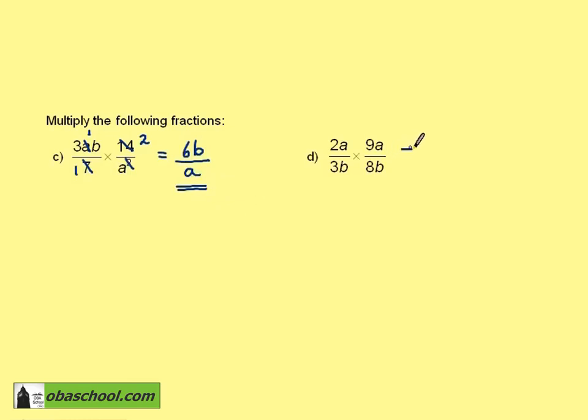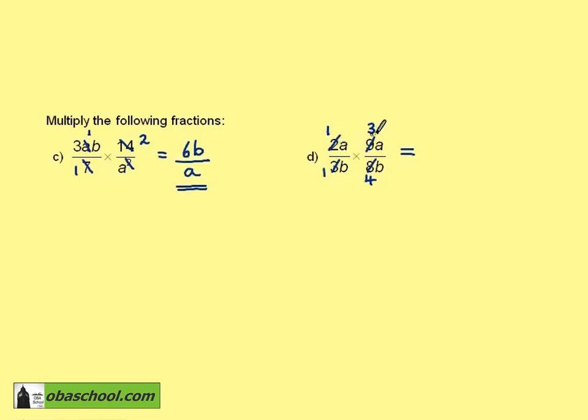Now consider 2a over 3b times 9a over 8b. 2 goes into 2 once and into 8 4 times. 3 goes into 3 once and into 9 3 times. There's no more cancelling.